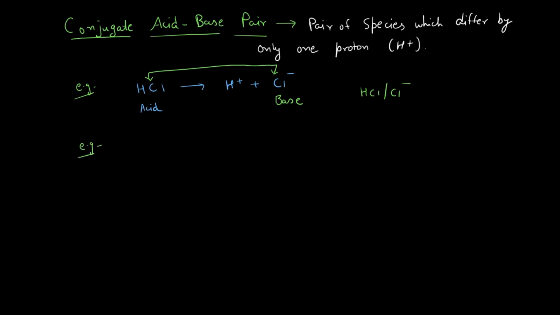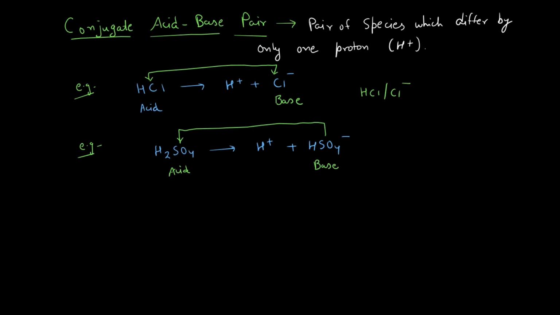Another example, H2SO4 dissociates to give H plus and HSO4 negative. So we see that H2SO4 and HSO4 negative are our conjugate acid-base pair. This is our acid and HSO4 negative is our base.